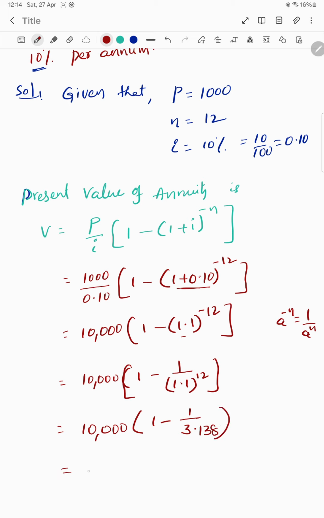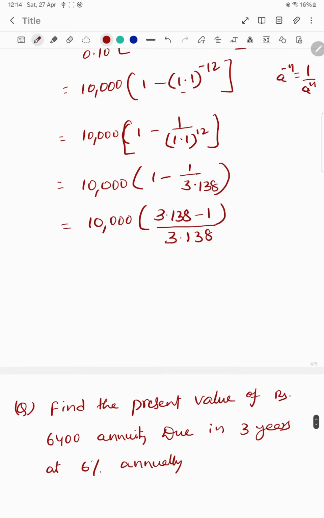Okay, this implies 10,000 into, if you take LCM, 3.138 minus 1 divided by 3.138.